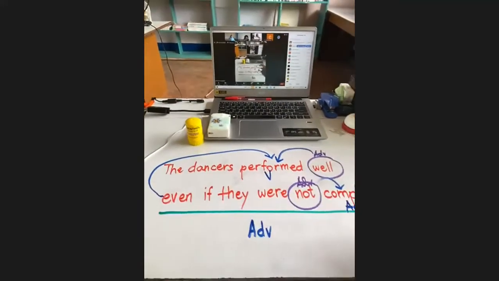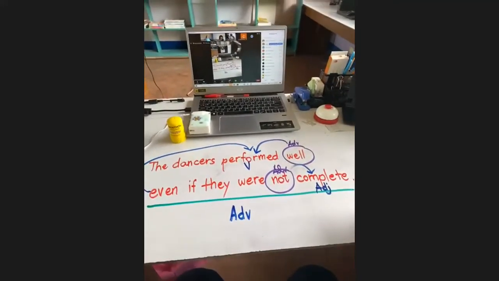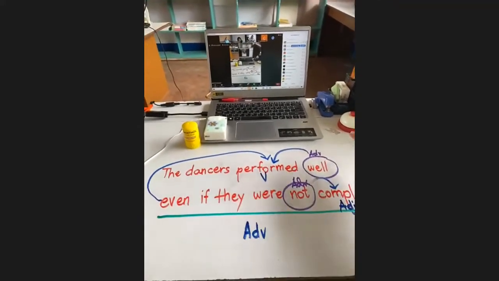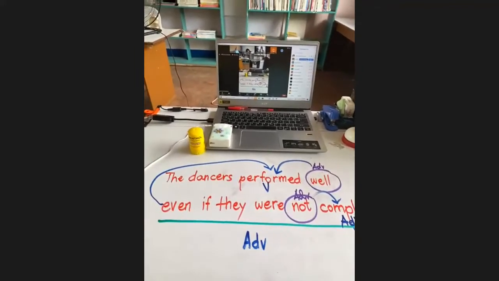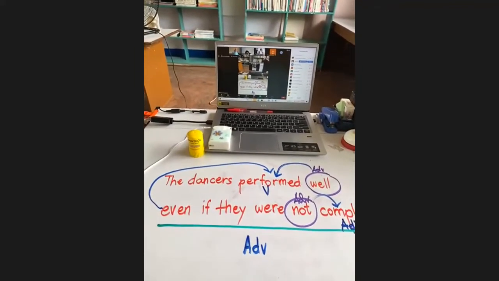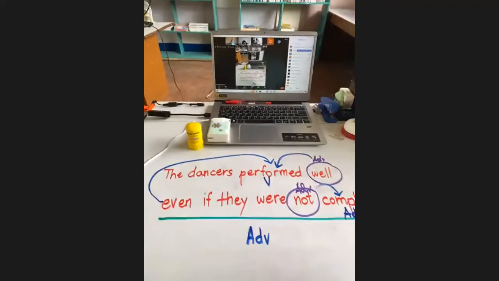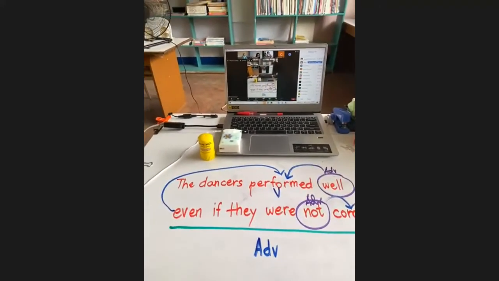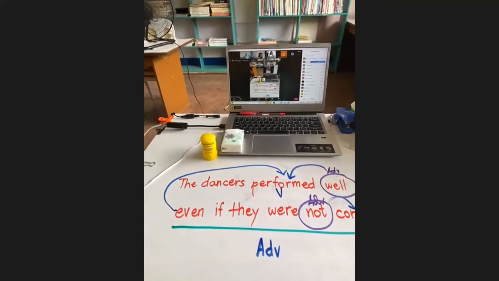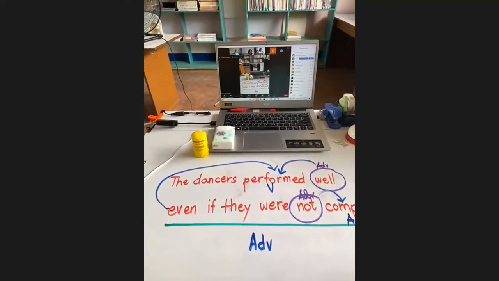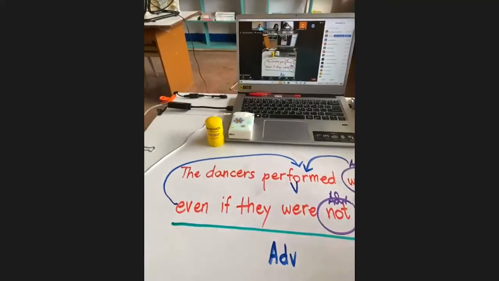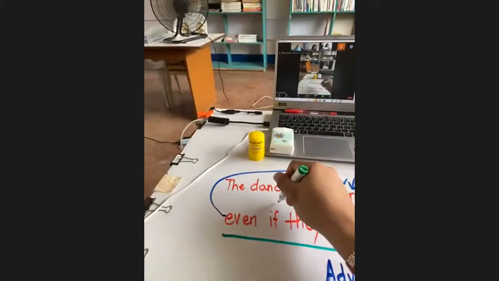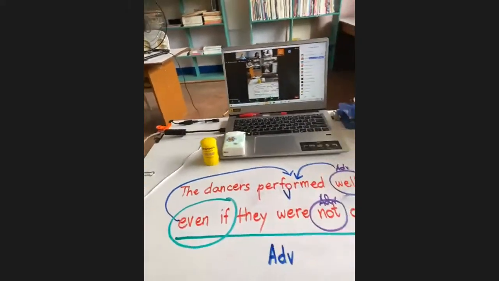So earlier, the question is, what are the adverbs in the sentence? The answers given by Thea are the single word adverbs, but there's one more, and that's this adverbial clause. And take note, the adverbial clause begins with a subordinating conjunction.